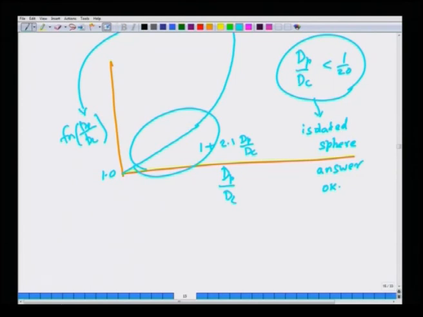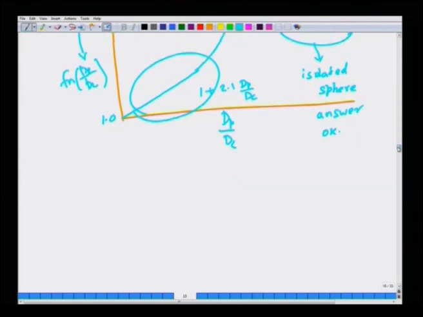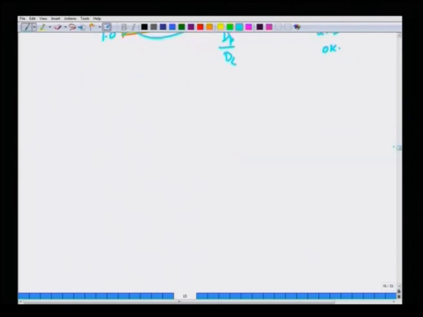Okay. So, we have seen what is meant by settling of a sphere, and we are going to now first understand that drag coefficients are not defined only for spheres. You can have, in many applications, particles of other shapes also.